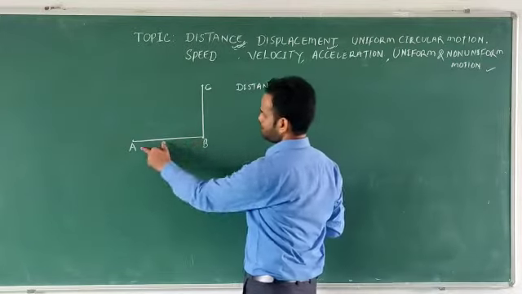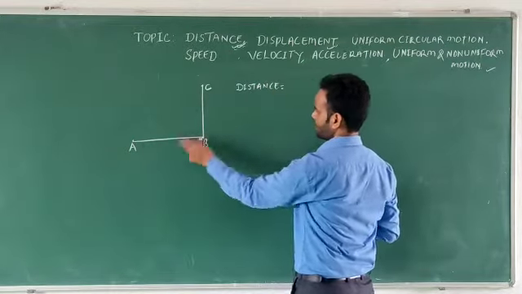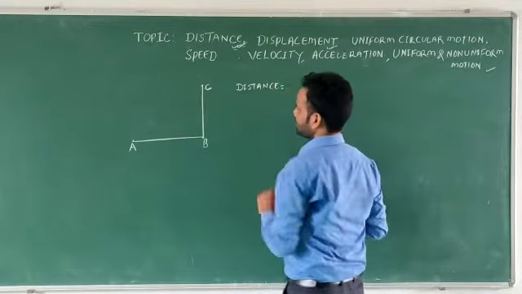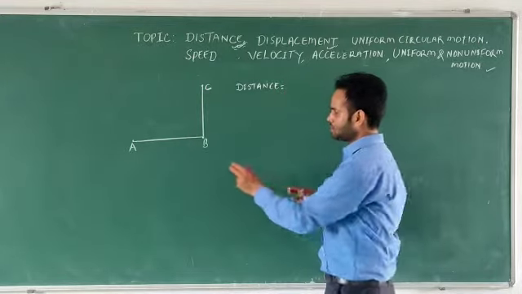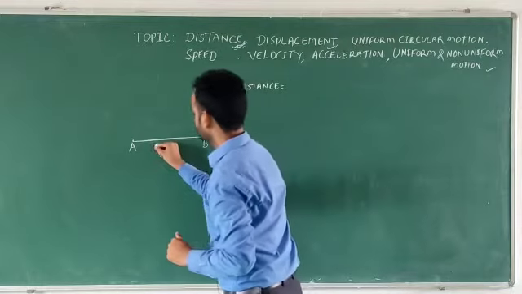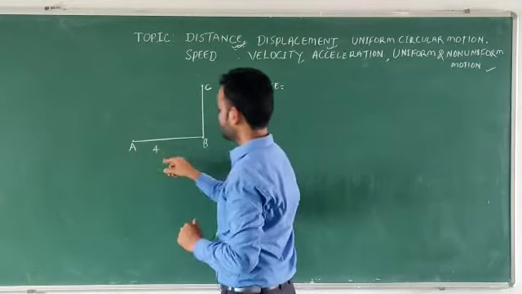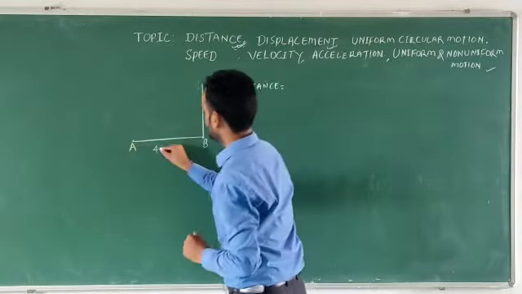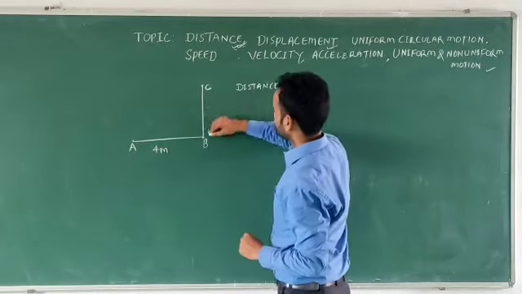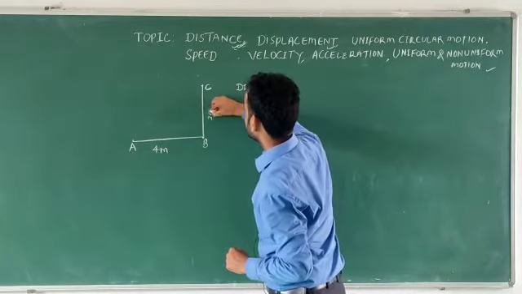So from position A to C, the total path traveled here is AB and BC, so we have to calculate the length of these paths. So let's assume the length of A to B is 4 meter and the length of BC is 3 meter here.